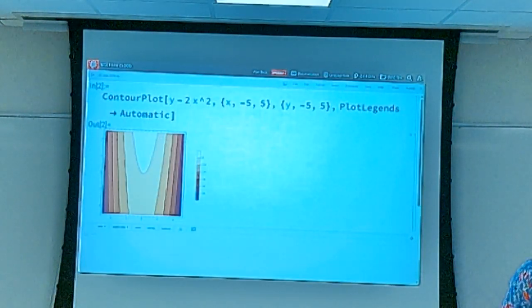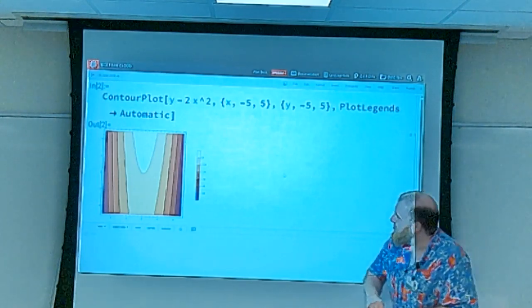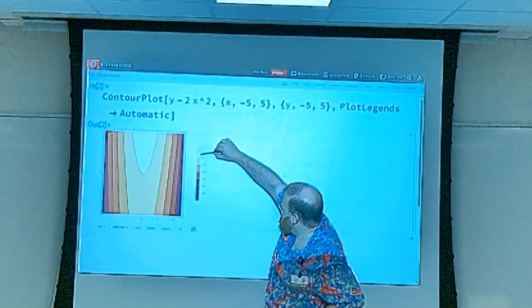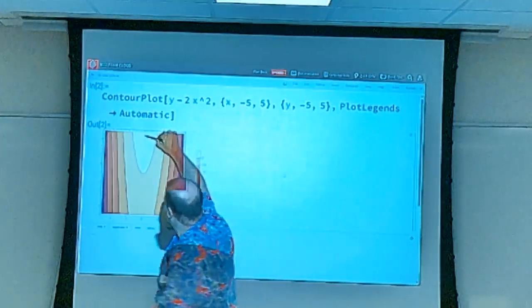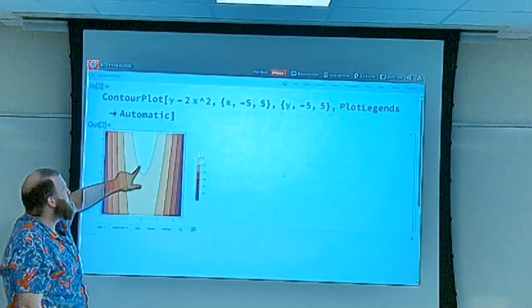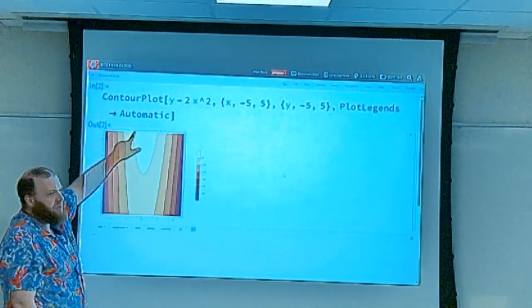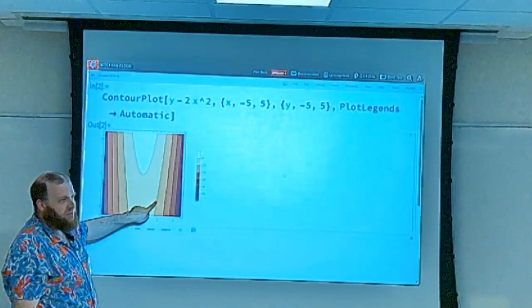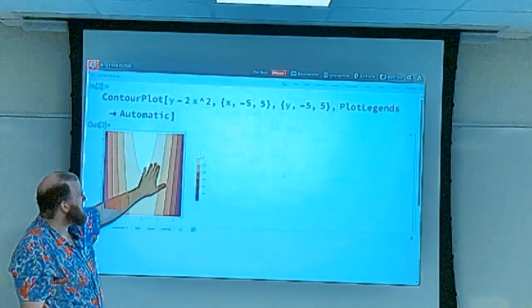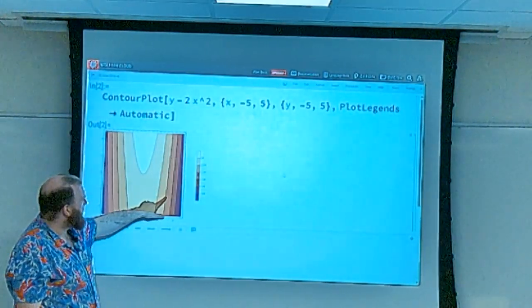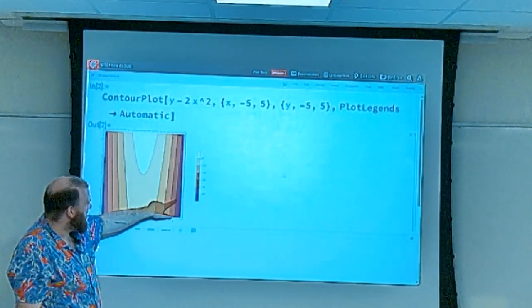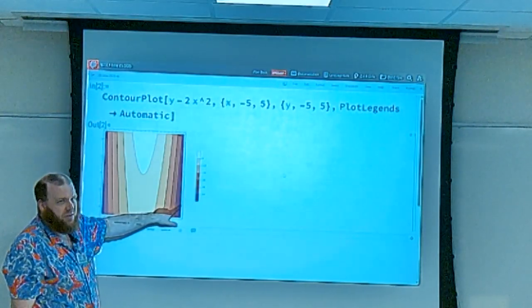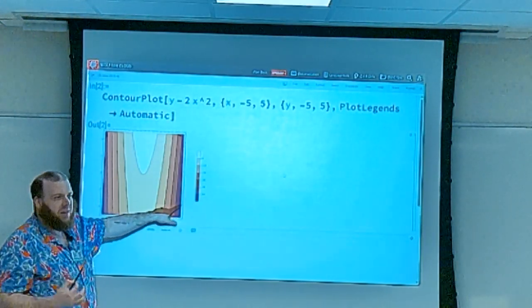Based on this, what we can read is this color represents c equals 0. So this line would be for c equals 0. Then this would be -10, because the shading represents c equals -10. Then -20, -30, -40, -50. Right, those are your contour levels.